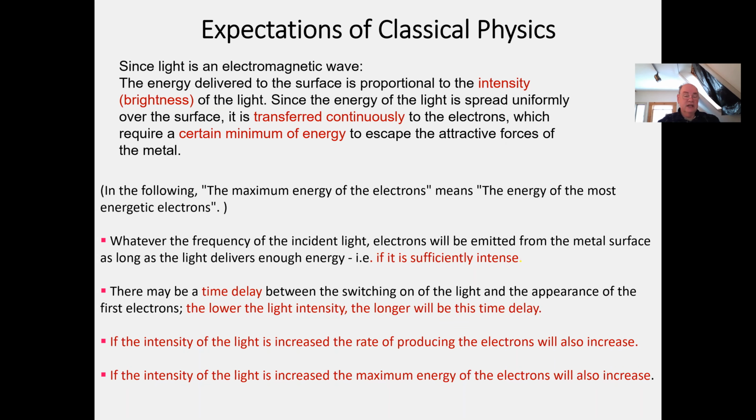The intensity of the light should increase the maximum energy of the electrons. Well, sure. If I'm pouring in more energy with a brighter light, I should get those best electrons, those ones with the most energy, coming out at an even higher best energy.